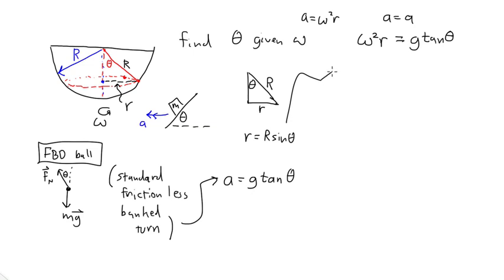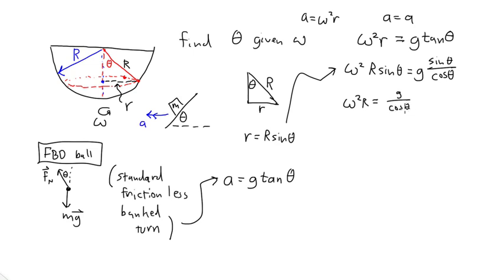Plugging that in, we get omega squared times big R sine theta equals g times tangent of theta. Tangent of theta is sine theta over cosine theta, so the sine thetas cancel out. We want to find theta given omega, so I cancel those and get omega squared R equals g over cosine theta.